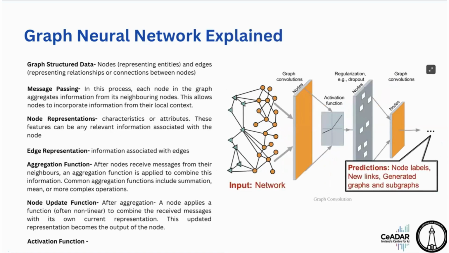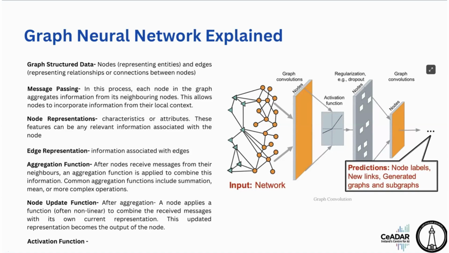In a graph neural network there are different formats, structures, and stages. First the input is graph-structured data, and then there is a message passing scheme. Further to the message passing scheme, we represent the nodes based on their characteristics and attributes. Then we obtain edge-level information associated with the edges.